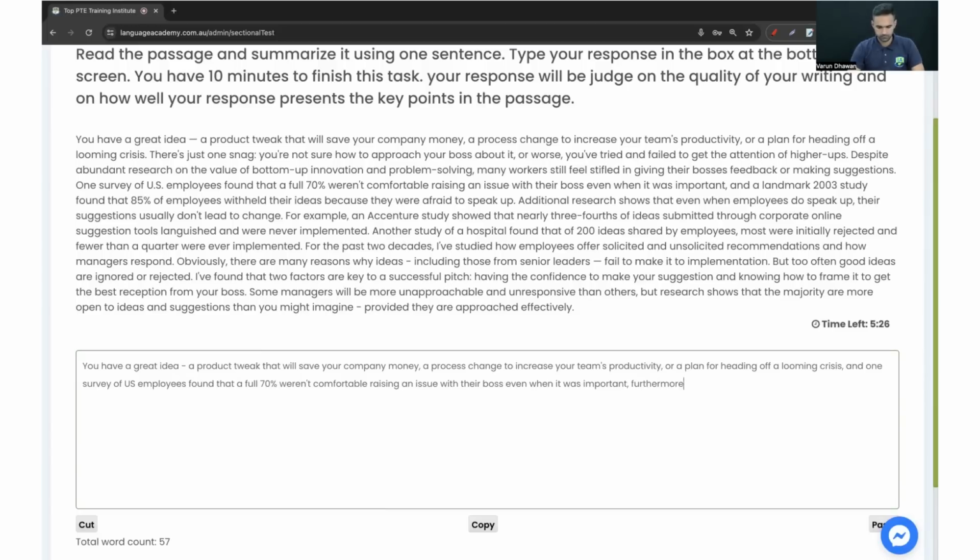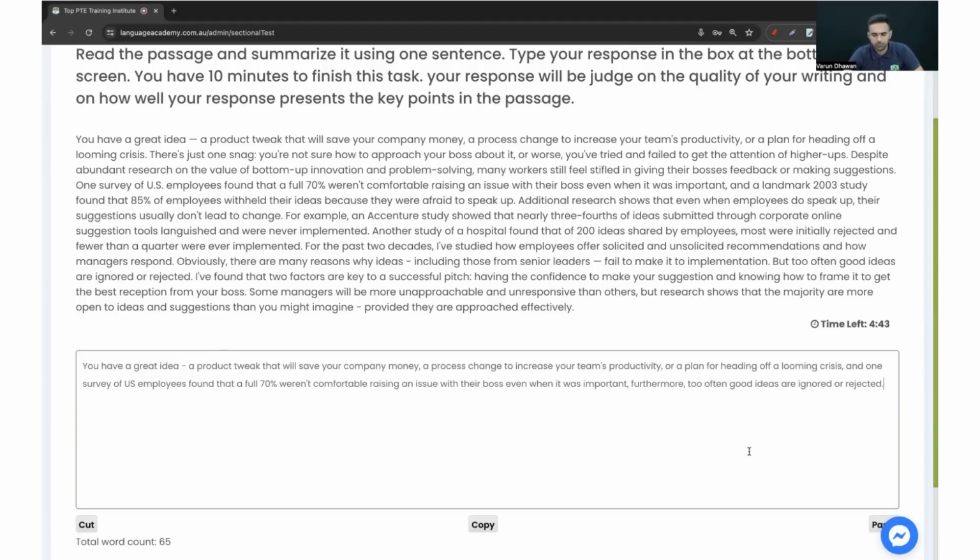Furthermore, too often good ideas are ignored or rejected. That's it. So I've just selected this sentence. Furthermore, I have removed but because I've already got a connector here. Furthermore, too often good ideas are ignored or rejected.